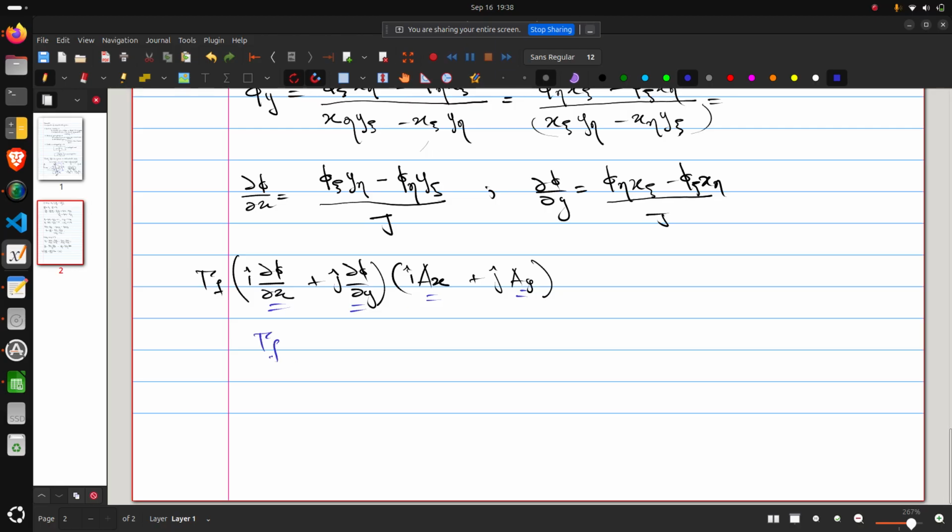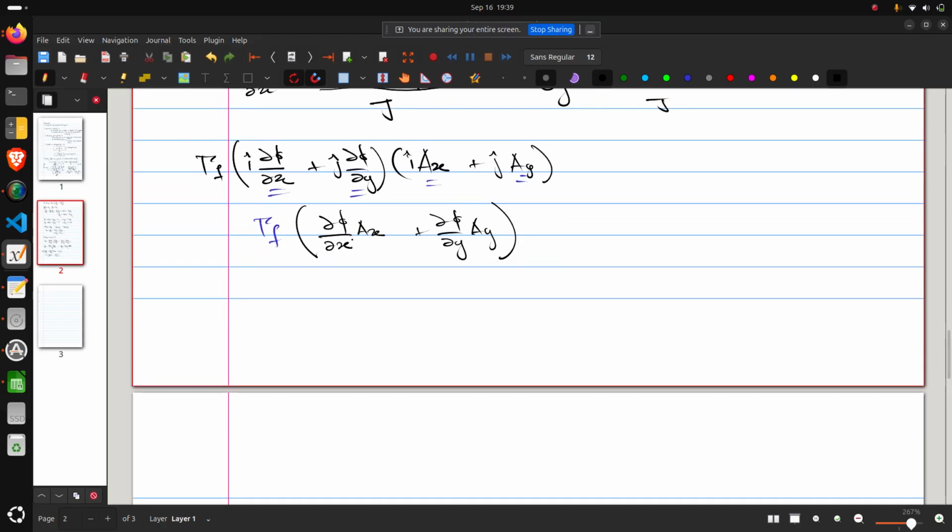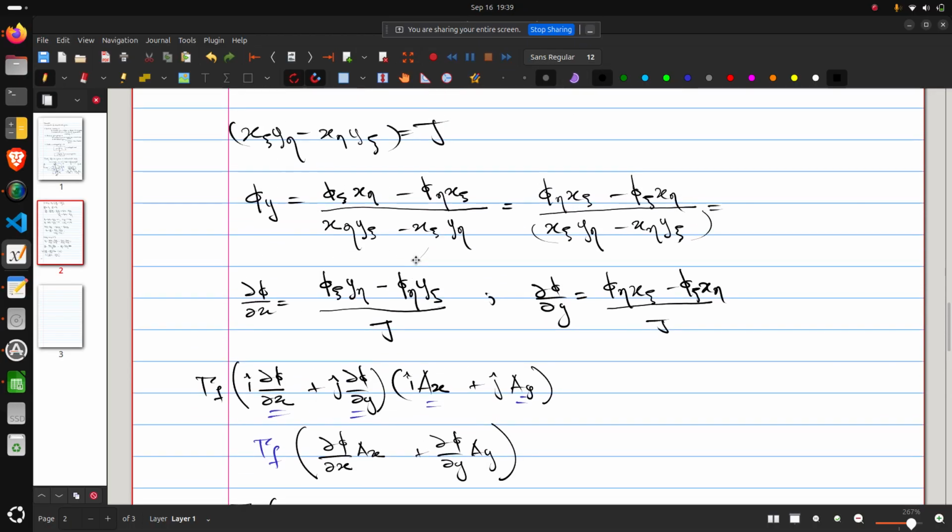So it will be gamma f. Now let's put back the expression for dou phi dou x and dou phi dou y here. What was dou phi dou x?